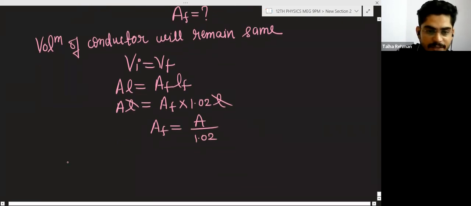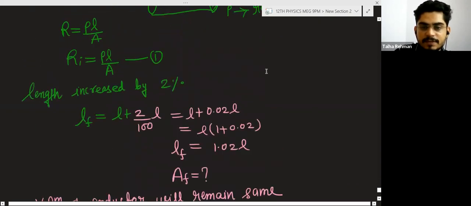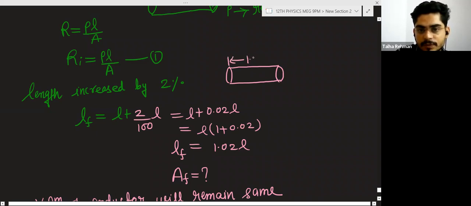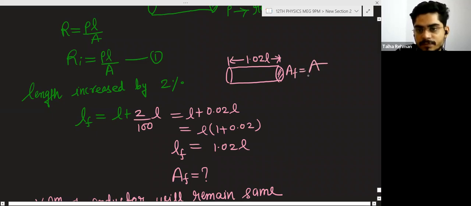So now we can write the final resistance. Length is increasing by 2%. Here you can see we have the same conductor. Now the length becomes 1.02 times L, and the final area is equal to A divided by 1.02.